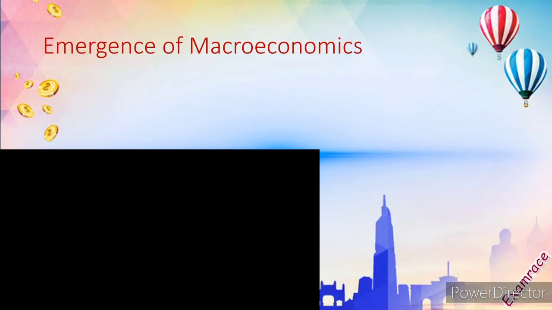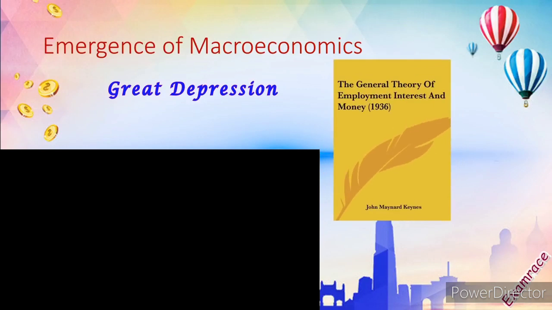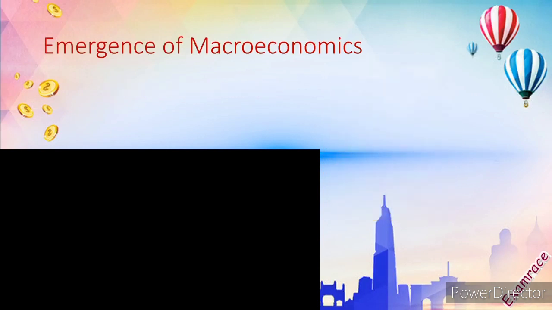However, there was the period of the Great Depression, and this was the period when Keynes thought about and wrote the book The General Theory of Employment, Interest and Money, which was a result of examining the implications of the Great Depression.